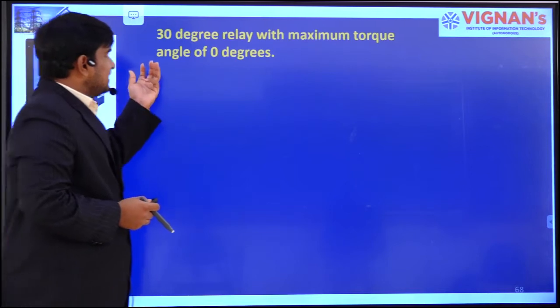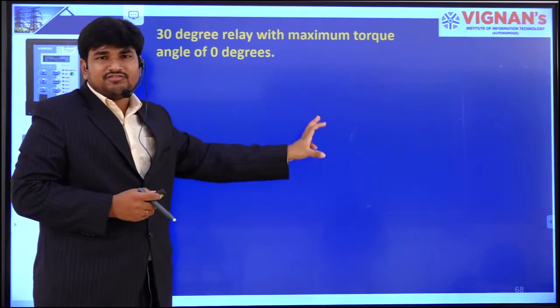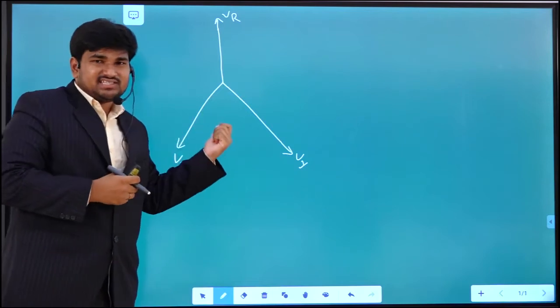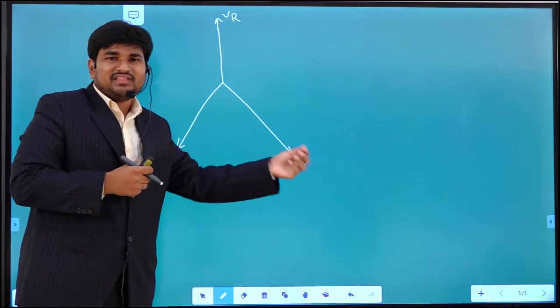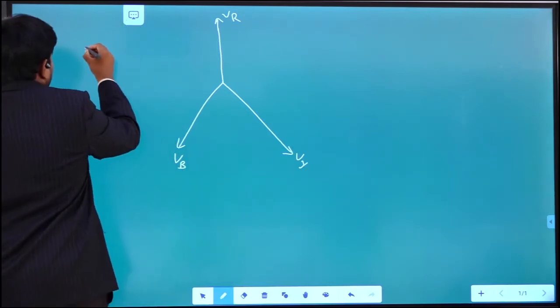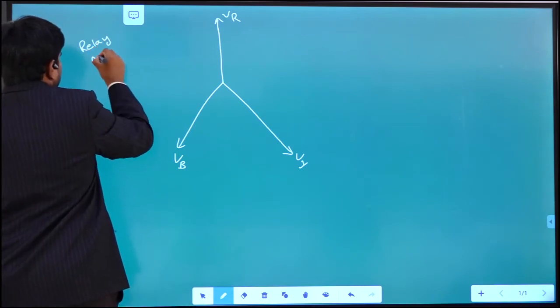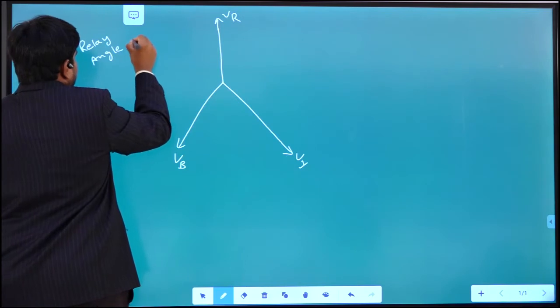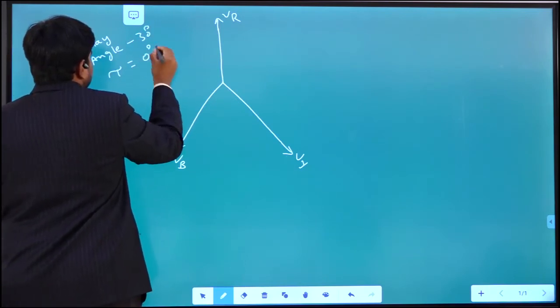The first one is the 30-degree relay with maximum torque angle of 0. The first case is a 30-degree relay angle with tau equal to 0. Let me write this: relay angle is 30 degrees and the torque angle tau is equal to 0 degrees.